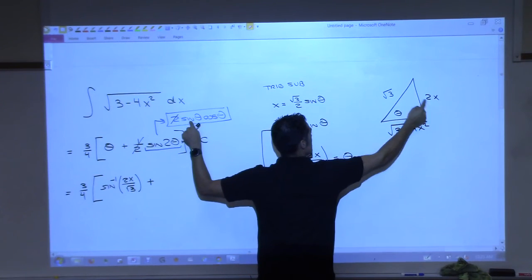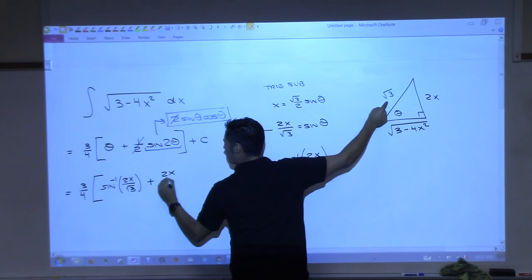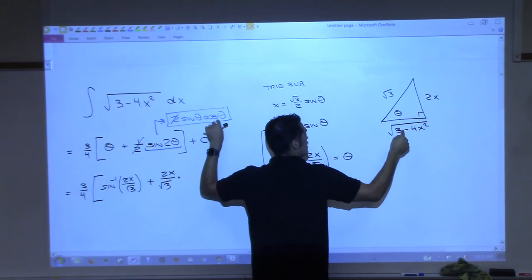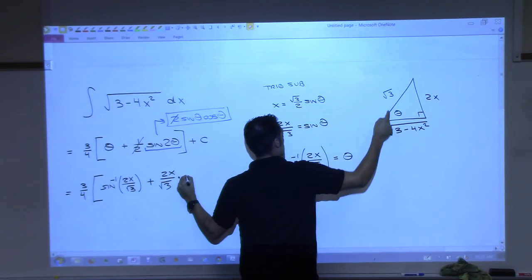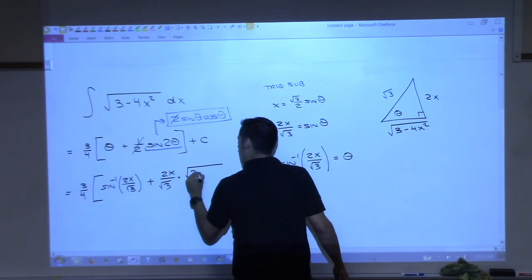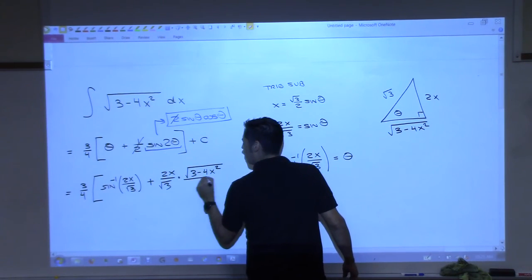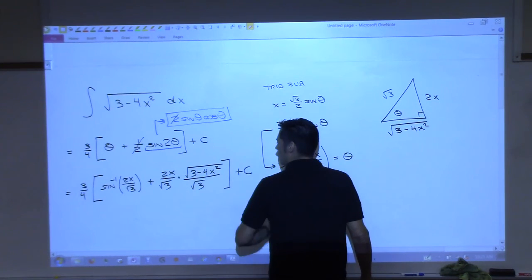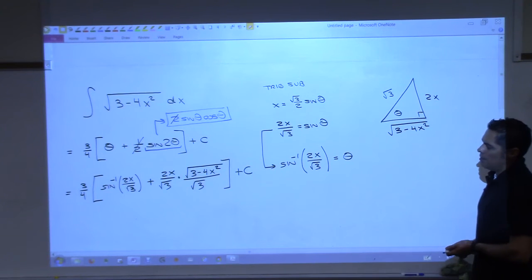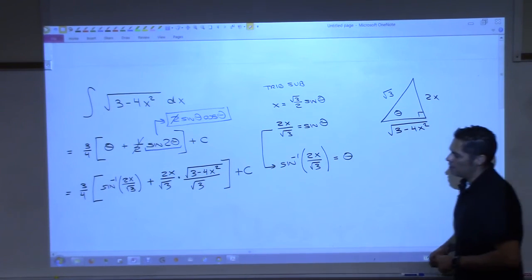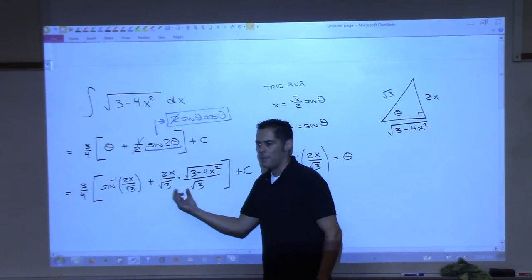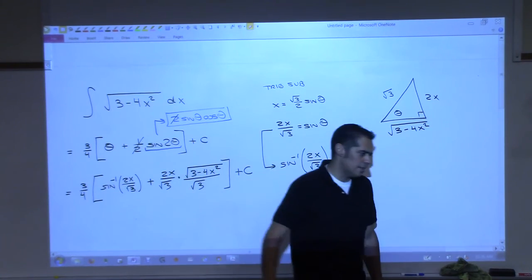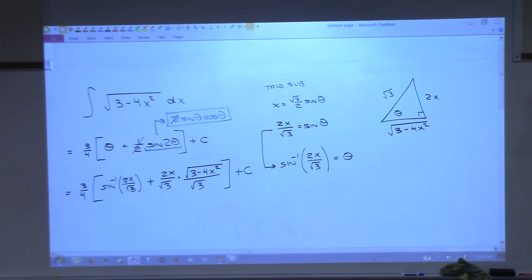Off my triangle, it's that over that, so 2x over root 3 times cosine theta, and cosine is adjacent over hypotenuse. So root 3 minus 4x squared over root 3. Close my brackets, add a constant, and I could distribute through, I could put these root 3's together to become a 3. I could pass a 3/4 through, but at that point I'm there, right?